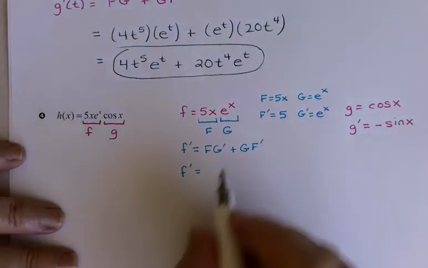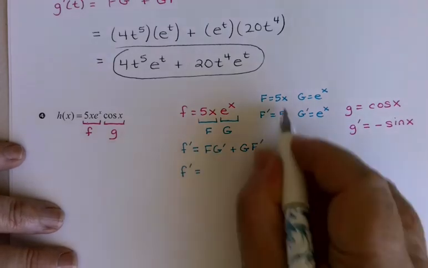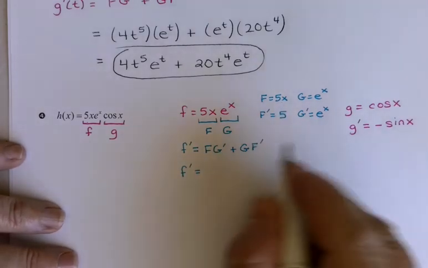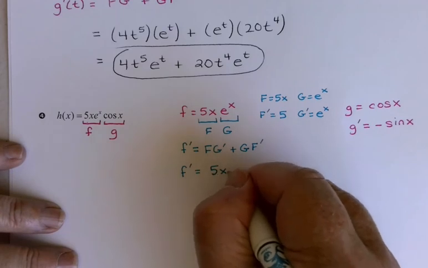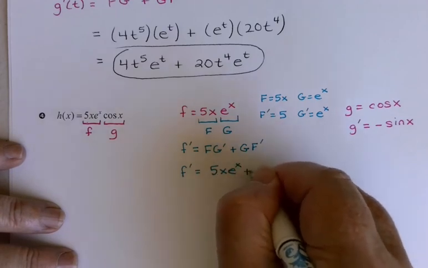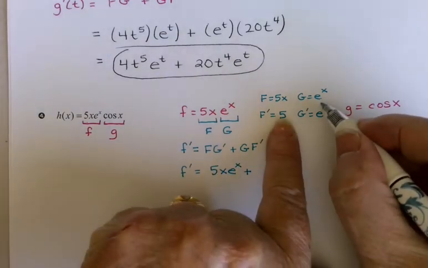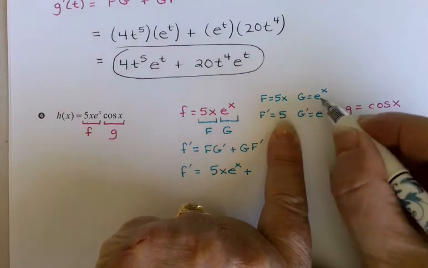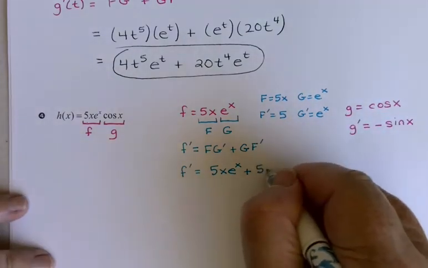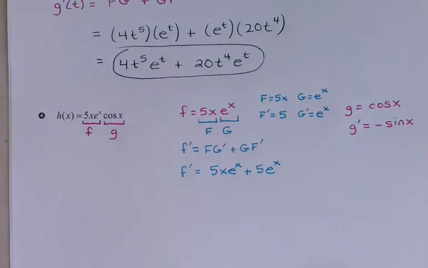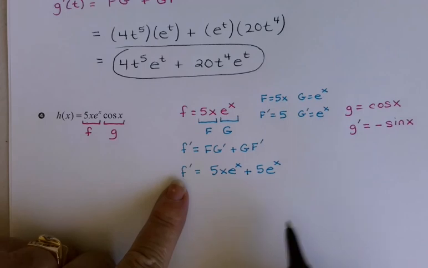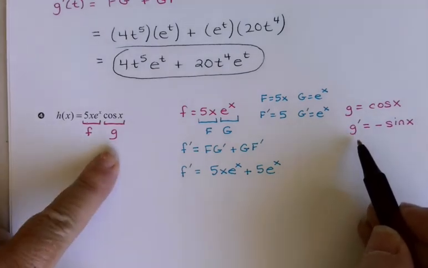So little f prime is F G prime, 5x times e to the x, plus G times F prime. I'm just going to write that as 5e to the x. All right, we finally got down to the little f prime and little g prime that we needed in our original problem.